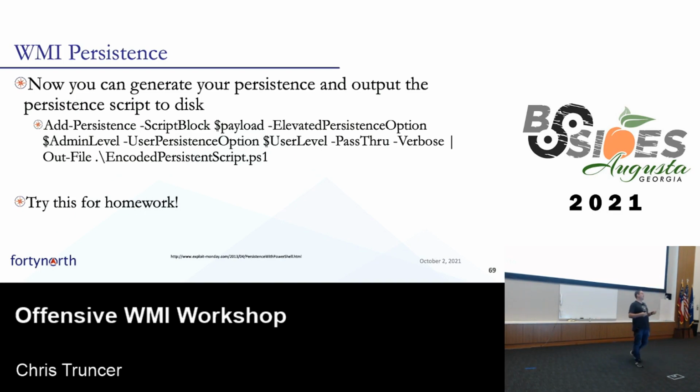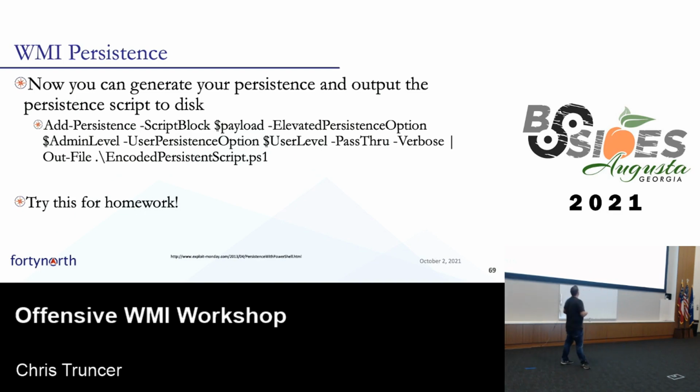So if you run the installation script with administrative rights, it will install that WMI-based persistence. It will also give you a script that you can use to remove said persistence. So probably a good thing.